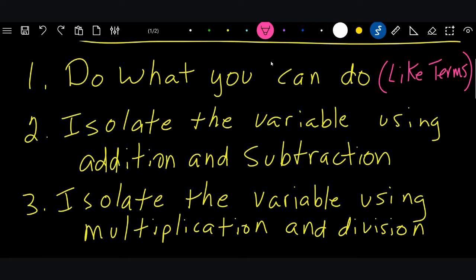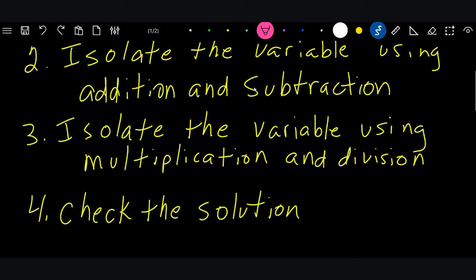You're kind of starting at the end and working it backwards. And so that's why we do the addition and subtraction first, because you're going in backwards order of operation, kind of. You're still going to want to distribute first, things like that. But when it comes to the multiplication and the addition, you're going to do the addition first here in the equations. So it's a little different.